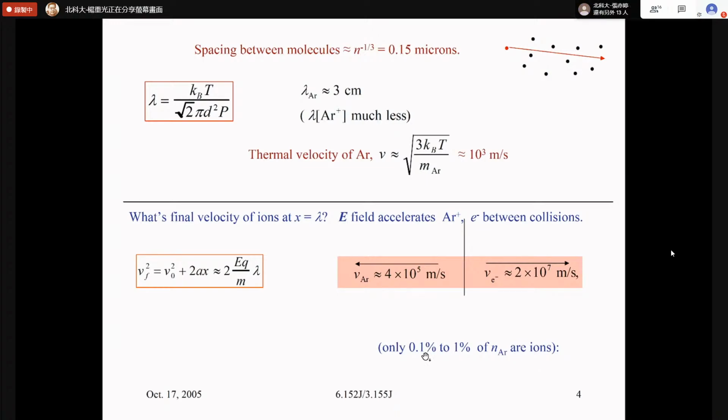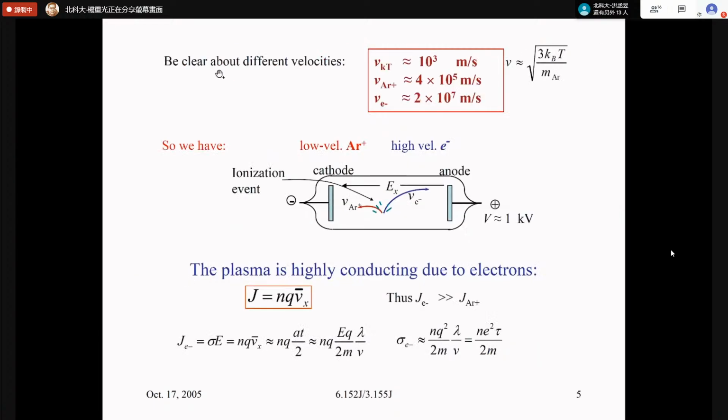I have told you that we can make a high density plasma later on. So we have different velocities. We have V kT, which is 10 to the 3, V argon, which is 4 times 10 to the 5, and V electron, 10 to the 7.